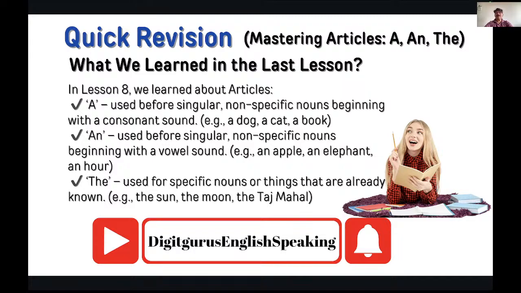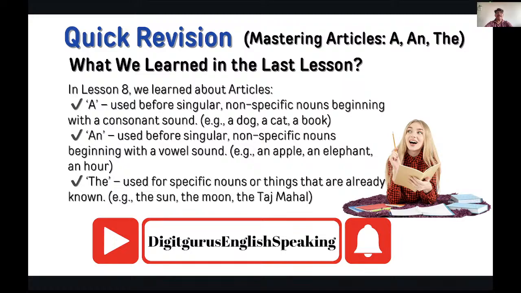In our 8th lesson of the 12-month free English speaking course, we learned about articles. A is used before singular non-specific nouns beginning with a consonant sound. Example, a dog, a cat, a book. An is used before singular non-specific nouns beginning with a vowel sound.